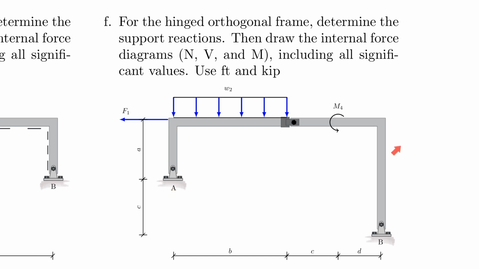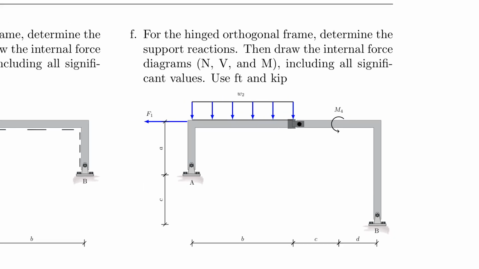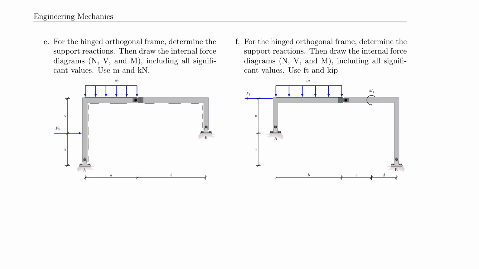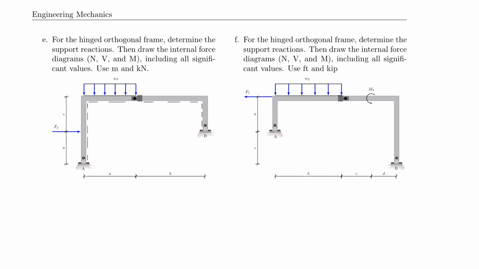So this problem should really teach you where to start such a problem if you compare it to the problem on the other side. In fact, let's compare it to the problem on the other side. This is done on purpose, that the frame itself is mirrored over this vertical plane, but it's differently loaded.